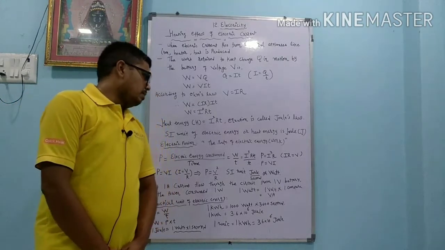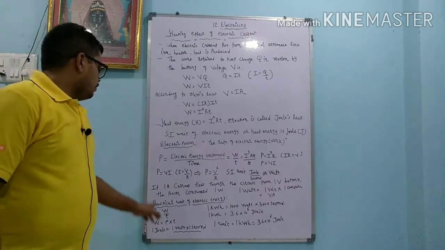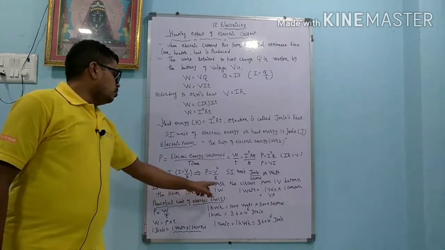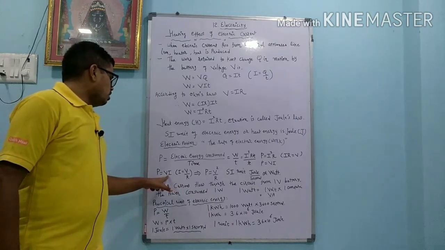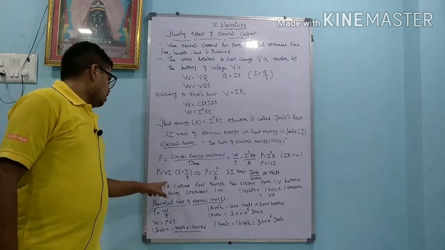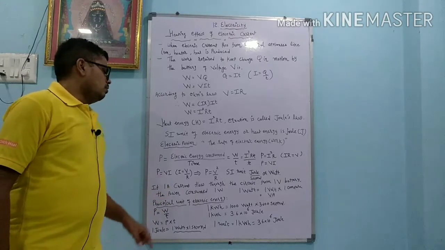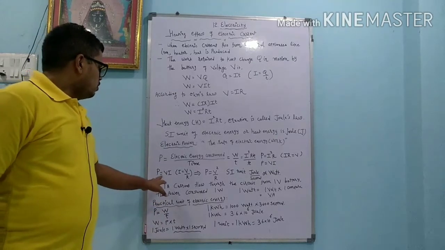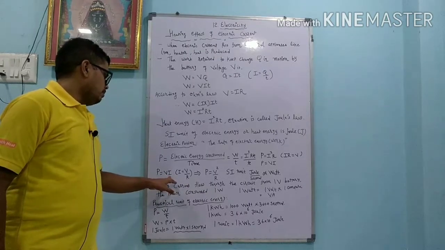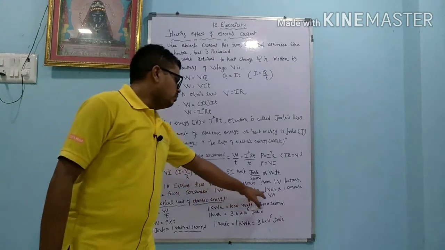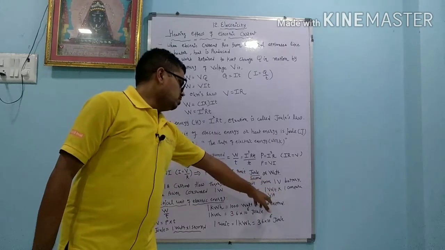If 1 ampere current flows through the circuit with a 1 volt battery, the power consumed will be 1 watt. So we can write 1 watt equals 1 volt into 1 ampere.